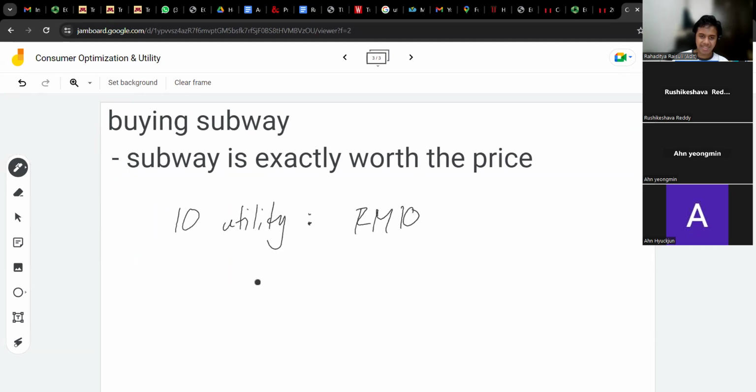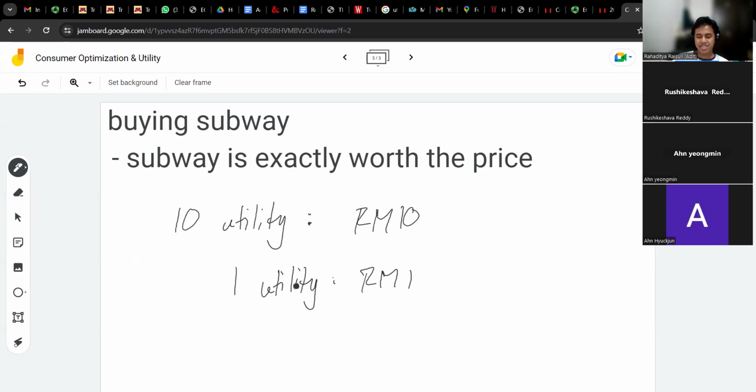So basically your Subway is 1 utility for 1 ringgit. That's what we're thinking about when we say utility. Utility is just a unit of satisfaction, but it's a bit hard to quantify satisfaction. So the best way I can put it is, 10 utility equals 10 ringgit.